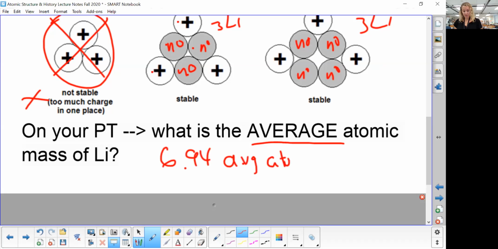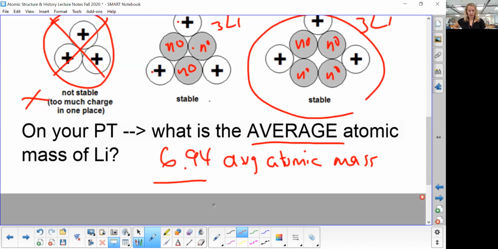So the periodic table does a lot of things. And what it's telling you is that of all the lithium atoms in the whole universe, about 94 percent of them are lithium 7. Okay, this is the more common isotope, and about 6 percent of them are lithium 6, and the average of that is 6.94.